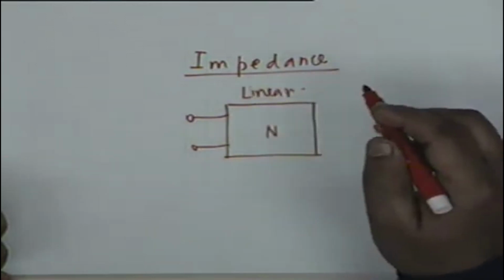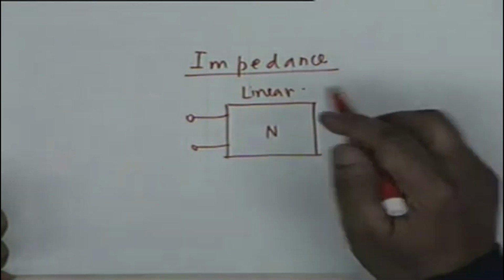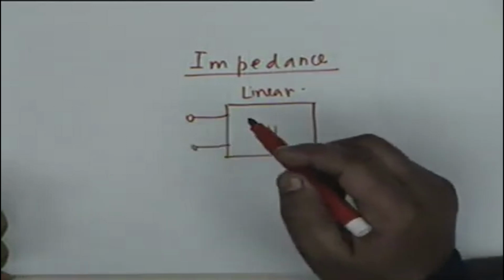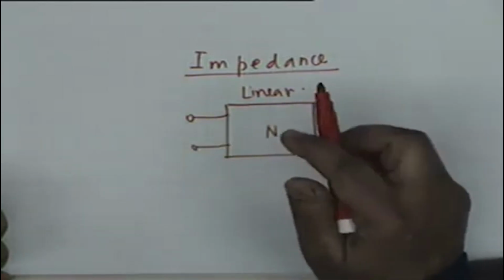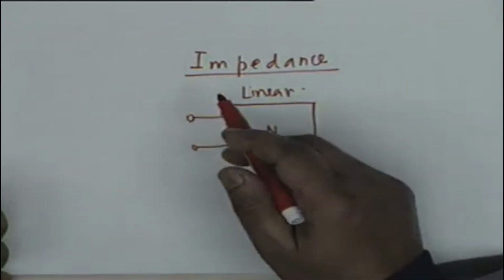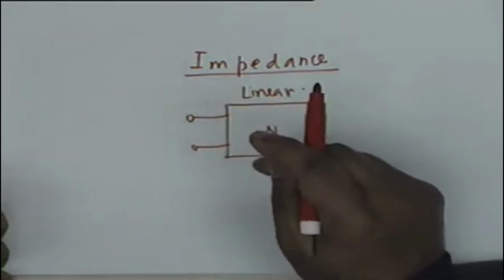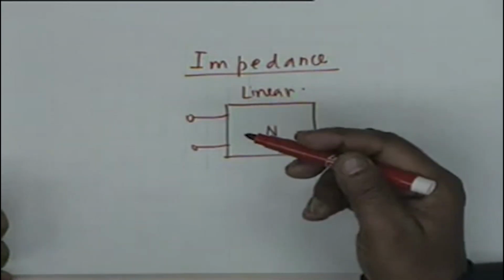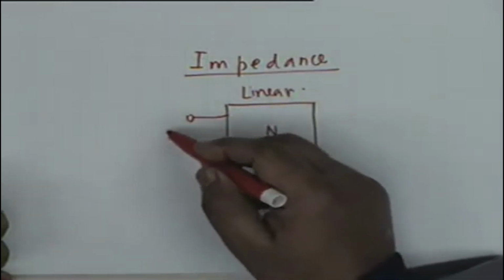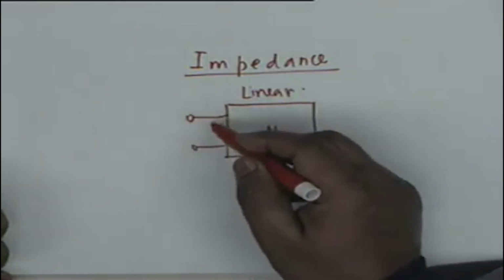Then you know that all that you can do is to connect a voltage generator and measure the current. The excitation would be a voltage generator, the response would be a current, or you could connect a current generator here and measure the voltage.